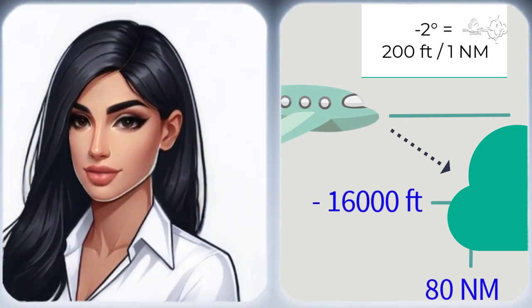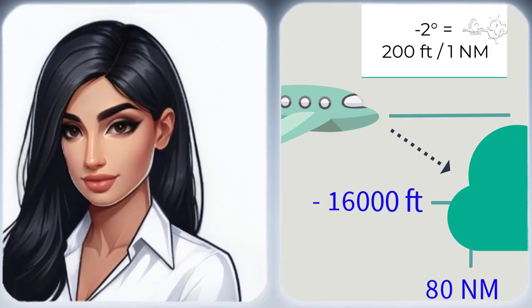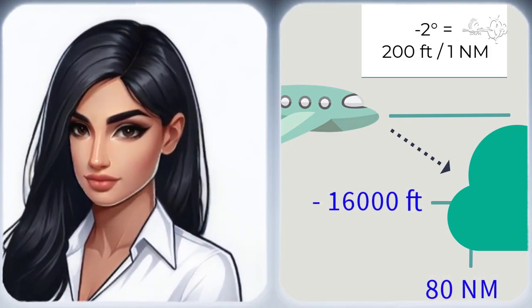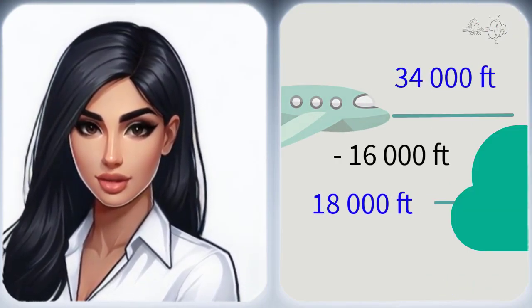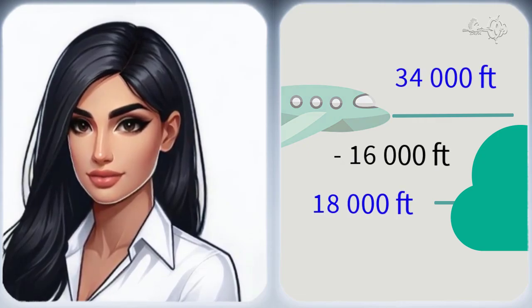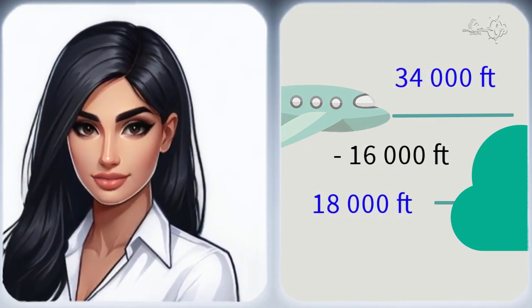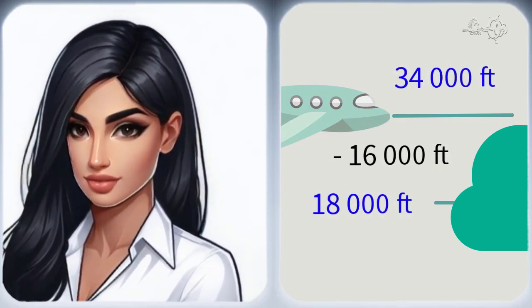With this configuration, the center of the beam will scan the weather ahead at 80 times 2 times 100 feet or 16,000 feet below the aircraft's altitude. Given a nominal cruise altitude of 34,000 feet, the center of the beam will reflect weather around 18,000 feet. Again, a good altitude to scan, to understand the intensity of the whole cloud.